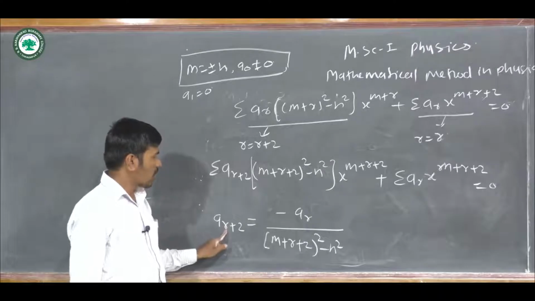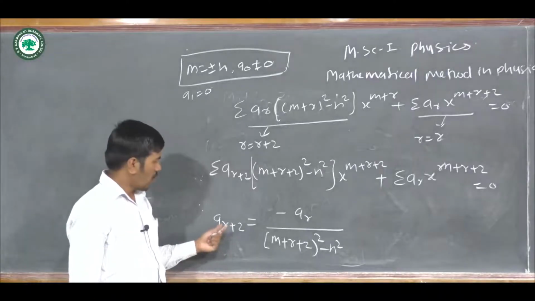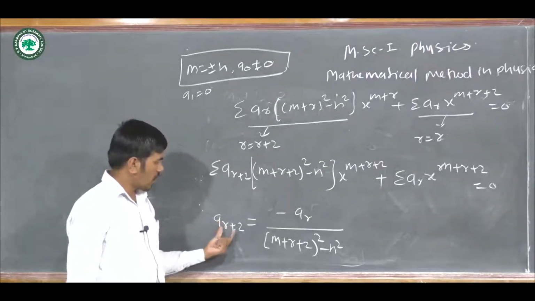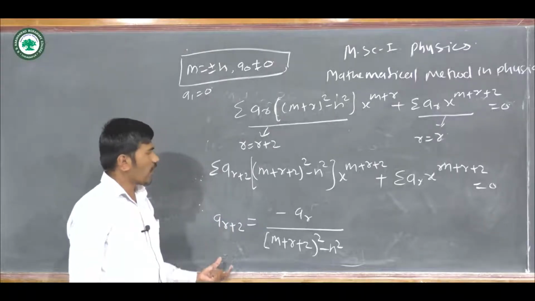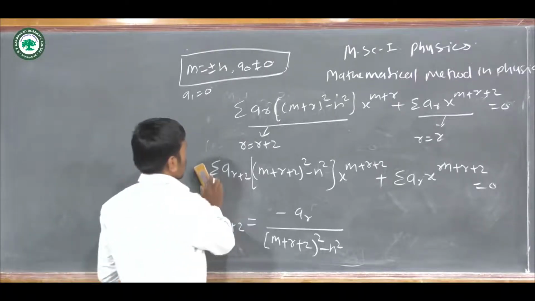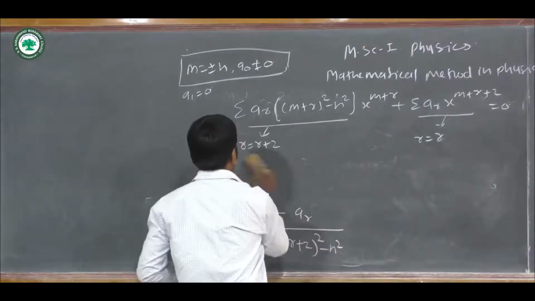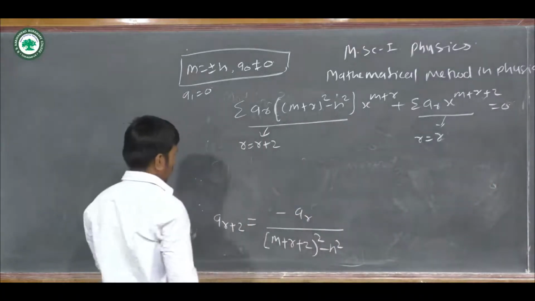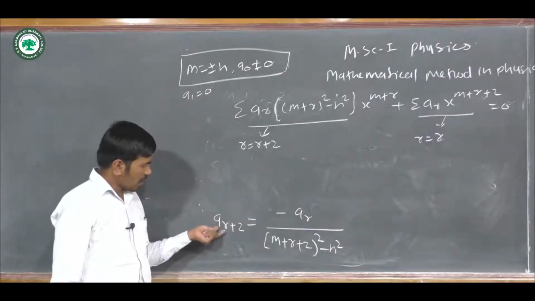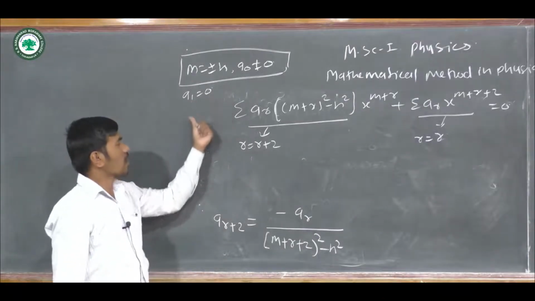If I put r equal to 0, we can find a2. If I put r equal to 1, we can find a3, a4, a5 like that. Okay, so this relation gives the coefficients higher than a naught, a1.